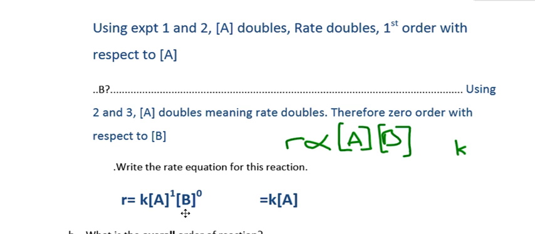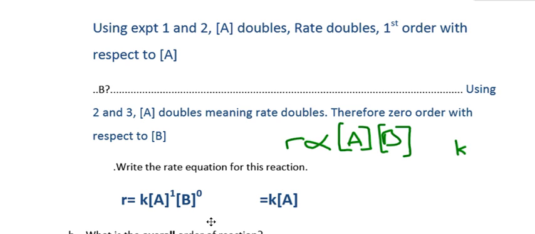Now, anything to the power of 0 is 1, so B doesn't show up in our rate equation. We can make it equal to 1, and so we get that R is equal to the rate constant and the concentration of A.